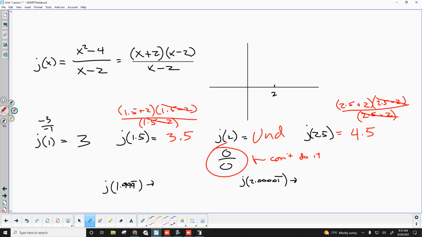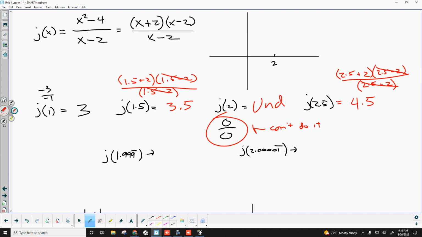Now, let's think about plugging in 1.9 repeated. Okay, I'm going to just do it really quickly. 1.9 repeated plus 2 over 1.9 repeated minus 2 times 1.9 repeated minus 2.